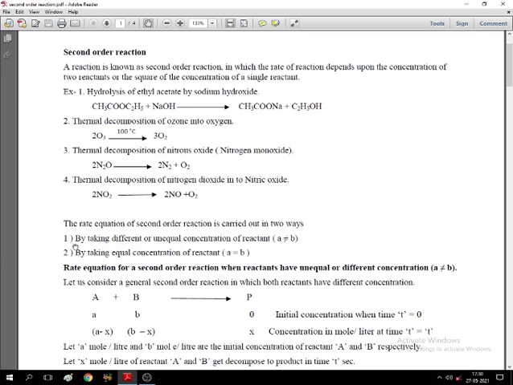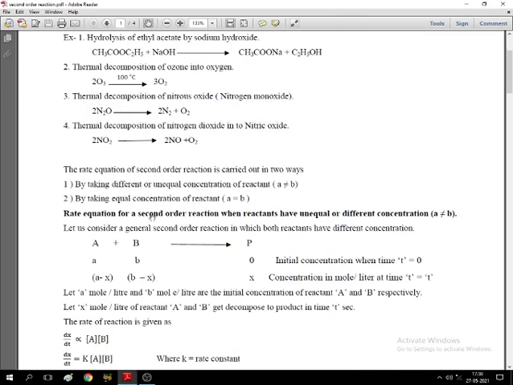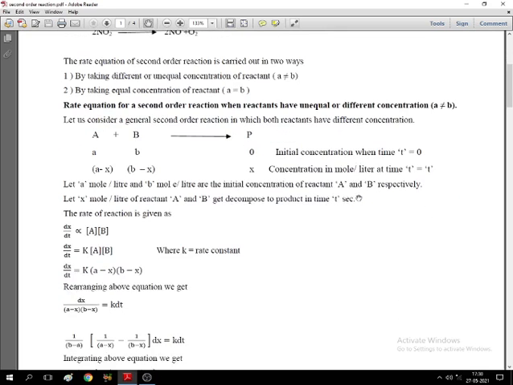Therefore we have to find out the kinetic equation by taking different or unequal concentrations of the reactant, that is, the A is not equal to B condition, and in the second condition we can find out the rate equation by taking equal concentration of reactant, that is, A is equal to B. Therefore the rate equation for second order reaction when reactants have unequal or different concentrations, that is when A is not equal to B, both the reactants have different concentrations, then we have to find out the kinetic equation.